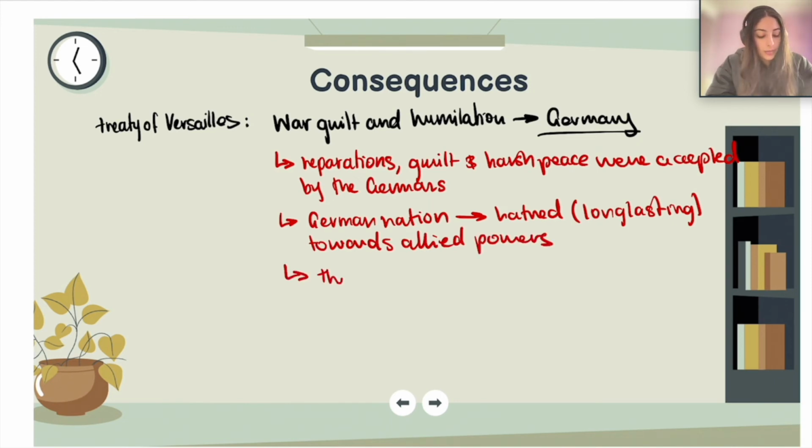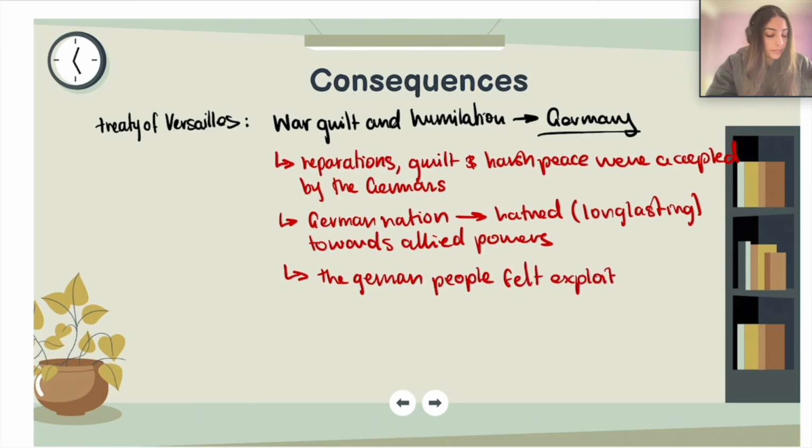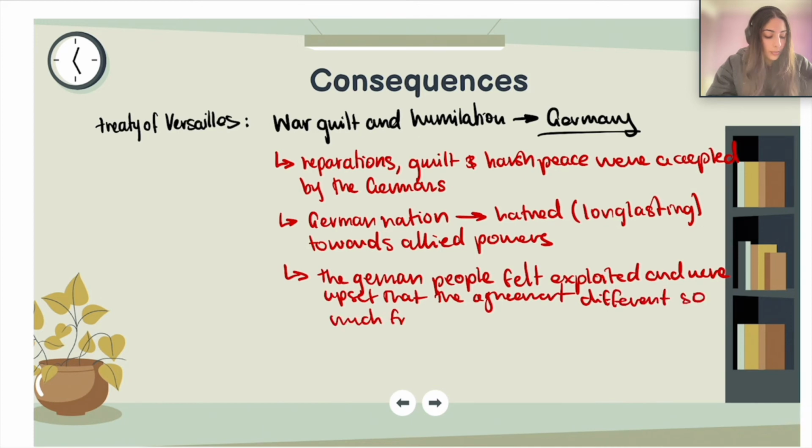The German people felt exploited and were upset that the agreement differed so much from Wilson's 14 points.